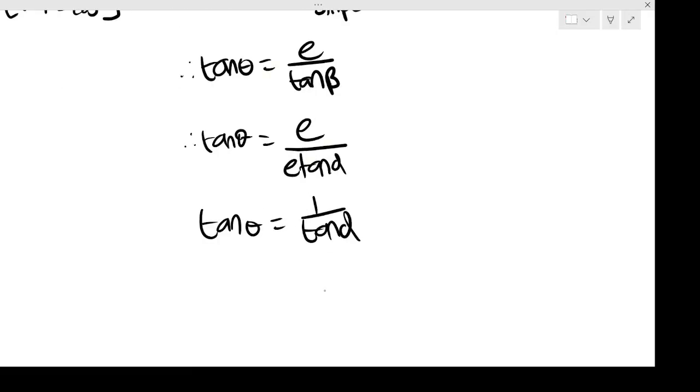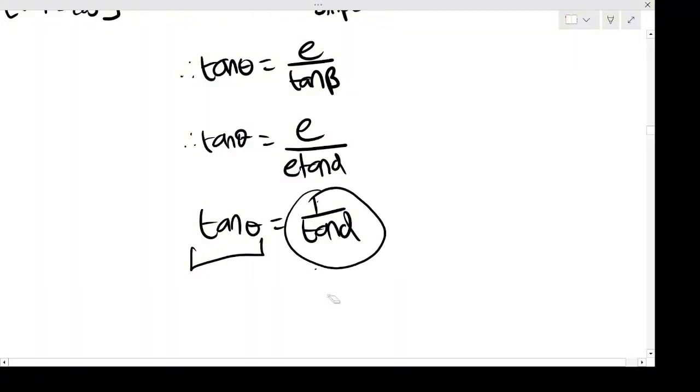Now, this is the really difficult point in the question. How can we proceed from here? We've got an equation that we want to solve; we want to find theta and alpha. We've got tan theta and tan alpha, but the issue is I have 1 over tan alpha, so I can't just equate the tans.